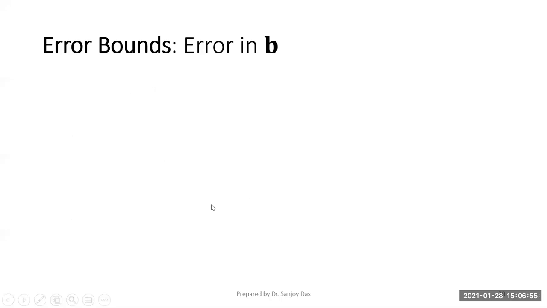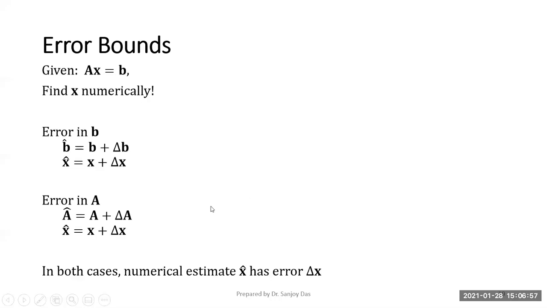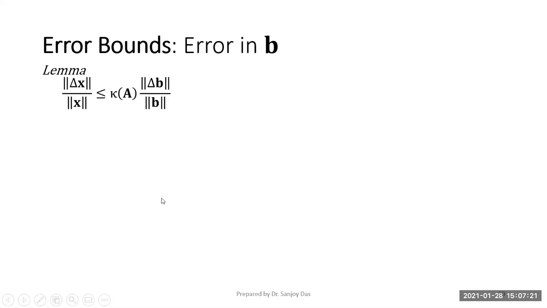Okay, so in both cases, the numerical estimate X hat has error delta X. Now let's look at how much is the damage. If delta B is our error, can we estimate to what extent X hat will be different from X? In other words, what will be the approximate range of this delta X? So here's one important lemma.